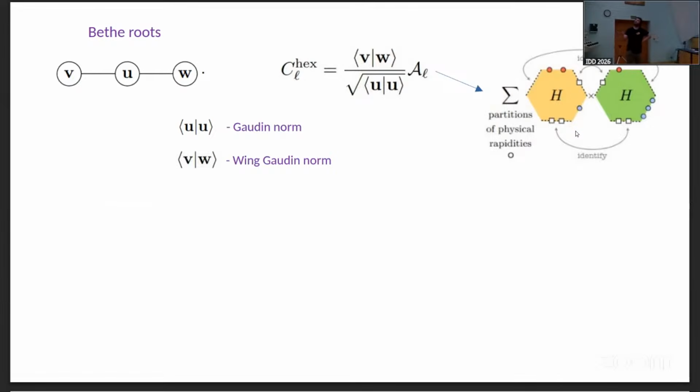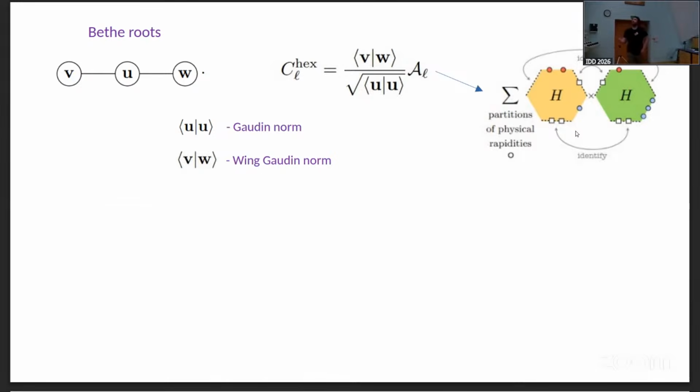The first, VW, is a so-called wing Gaudin norm, a Gaudin norm built just from auxiliary Bethe roots. You would have the Gaudin norm, built from the physical Bethe roots. And then you have this additional object, the so-called hexagon amplitude, which means you need to split your correlation function over the two hexagons and sum over all processes where these excitations end up on two different wings.